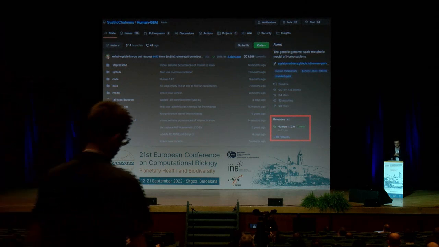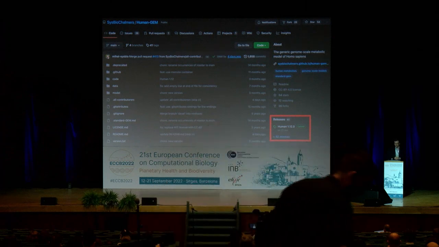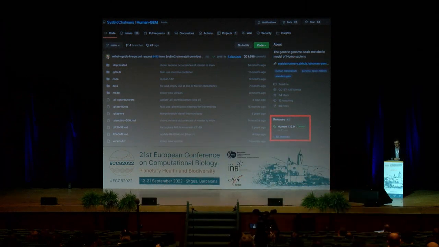And I'd like to actually draw your attention to the fact that this model, Human-GEM, has had 41 releases. This is extremely atypical. This is sort of the tip of the arrow in terms of open source and model maintenance. But this is something that is very much critical when thinking about models as an infrastructure.